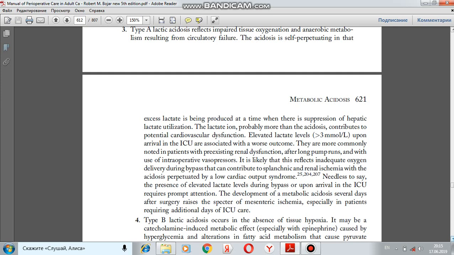They are more commonly noted in patients with pre-existing renal dysfunction, after long pump runs, and with use of intraoperative vasopressors. It is likely that this reflects inadequate oxygen delivery during bypass that can contribute to splanchnic and renal ischemia, with the acidosis perpetuated by a low cardiac output syndrome.